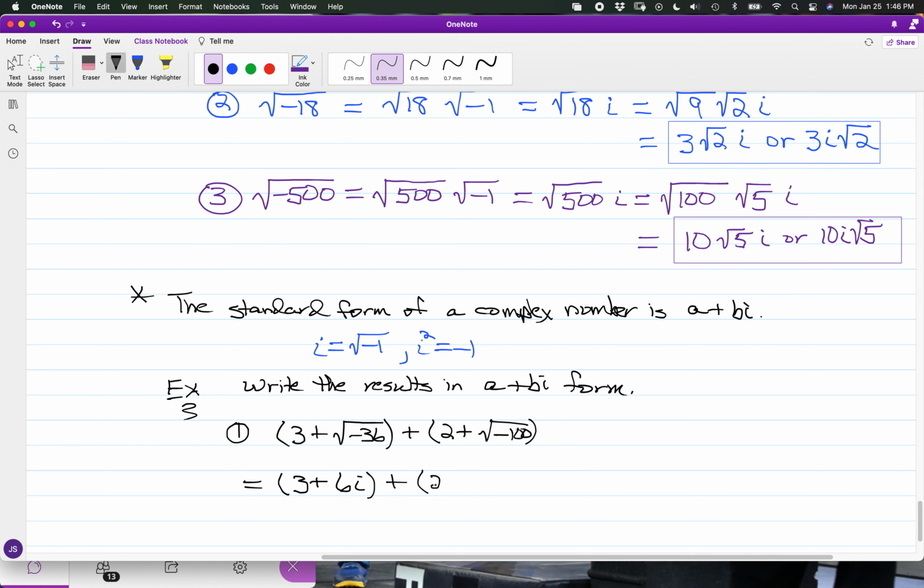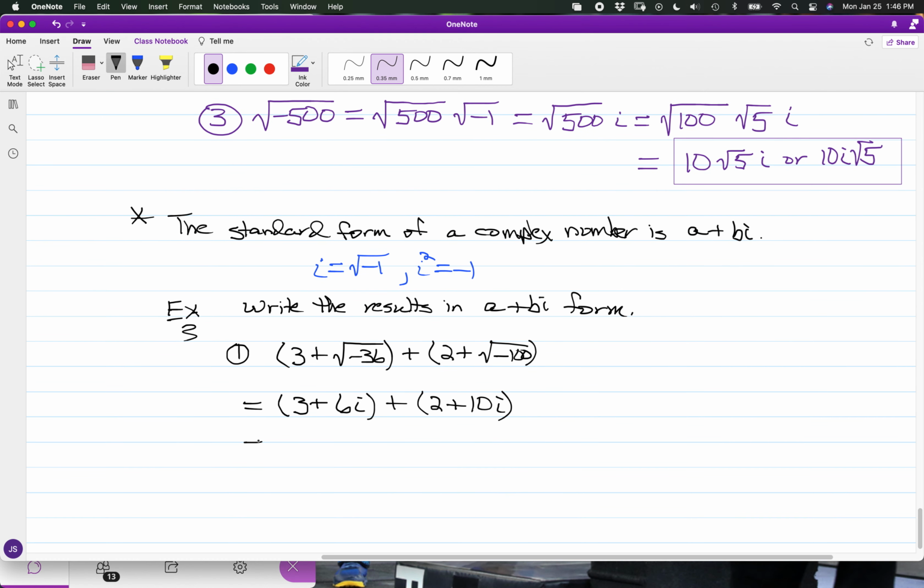And the square root of -100 becomes 10i. Once I remove parentheses, we have 3 plus 6i plus 2 plus 10i. And 3 plus 2 is 5. And 6i plus 10i is going to make 16i.